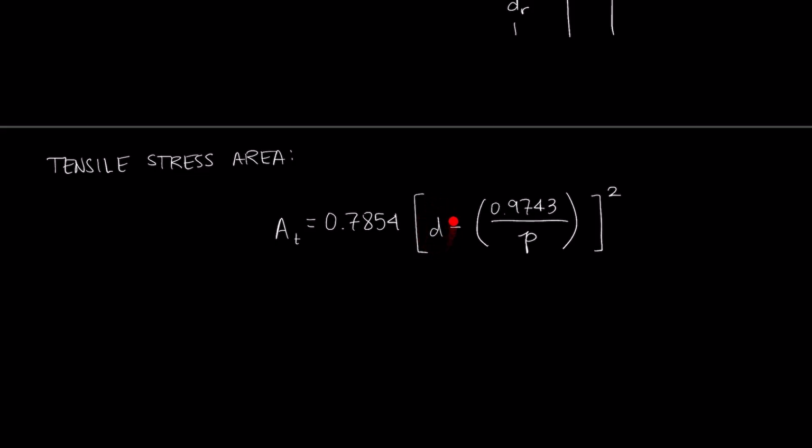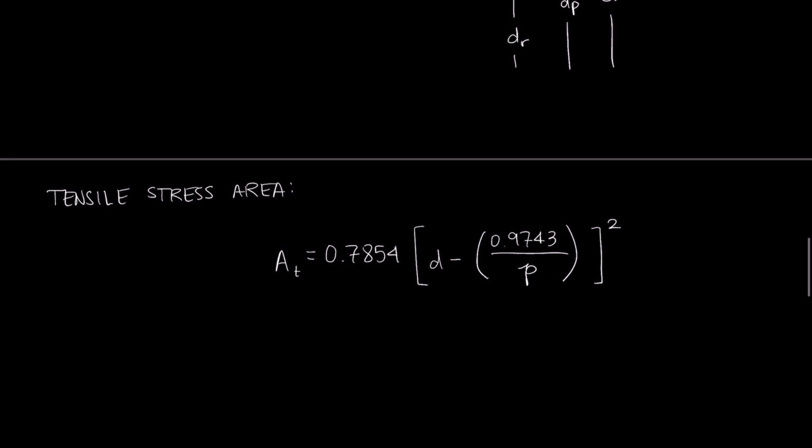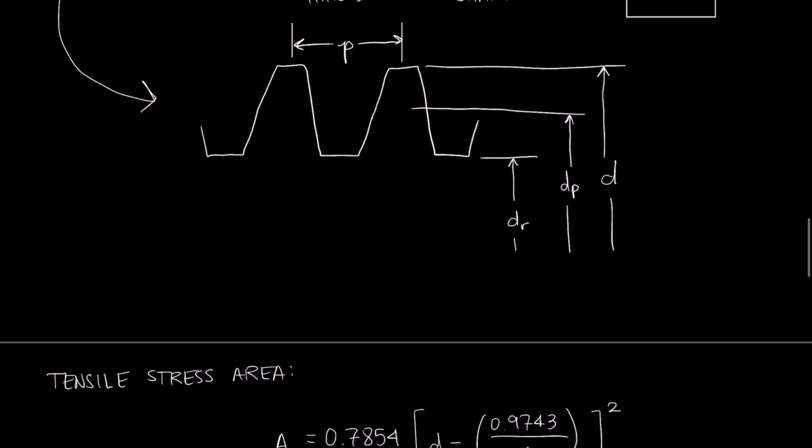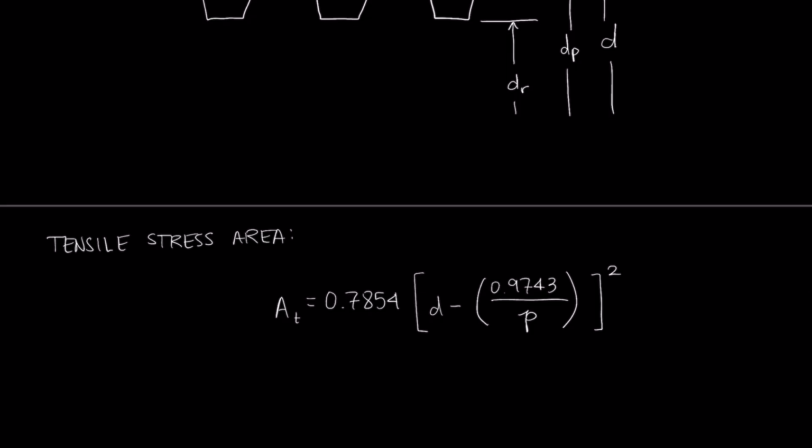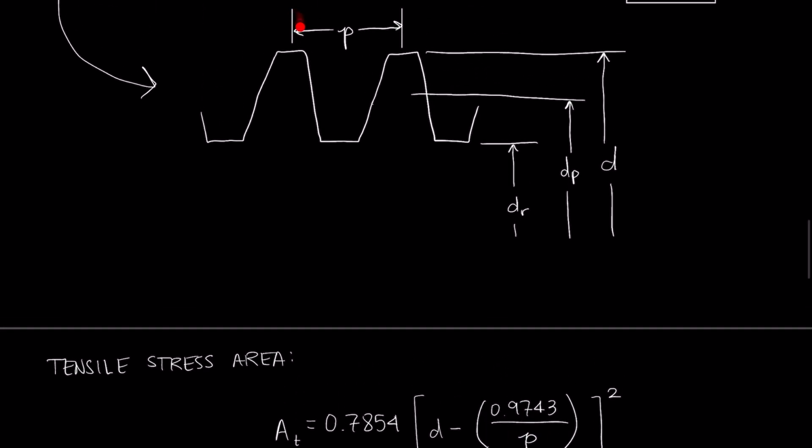This is our major diameter. So if I come back up to our drawing, that's the diameter from the outermost portion of one thread to the outermost portion of the thread on the other side of the bolt, minus this decimal divided by P, which again is the pitch. So that's the distance between adjacent threads. And then, all that in brackets squared.